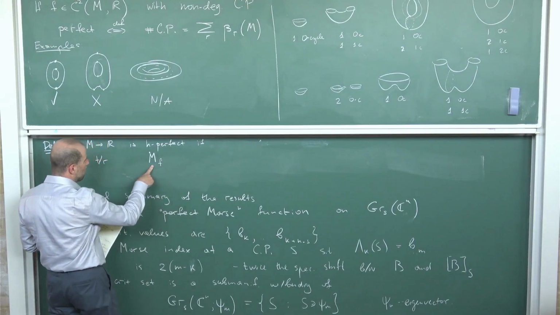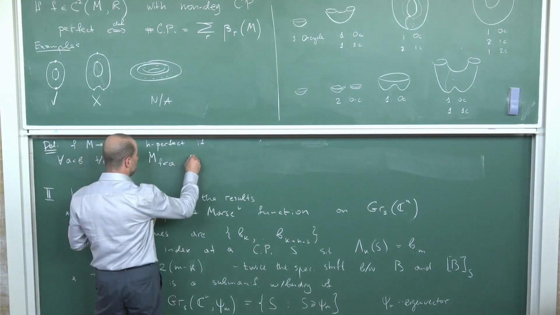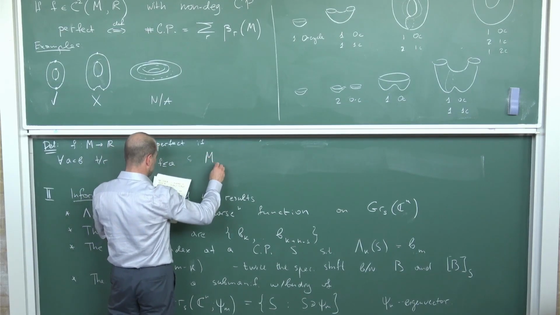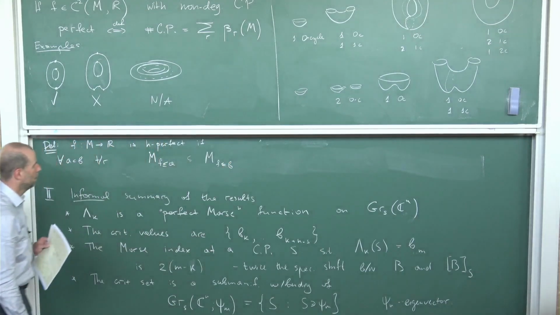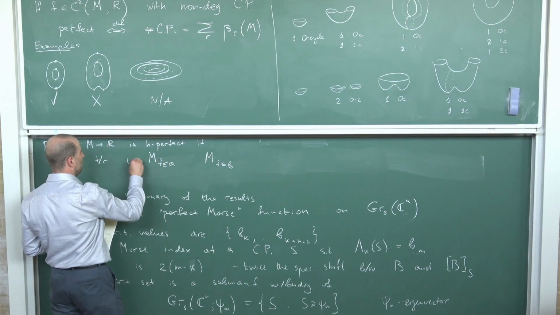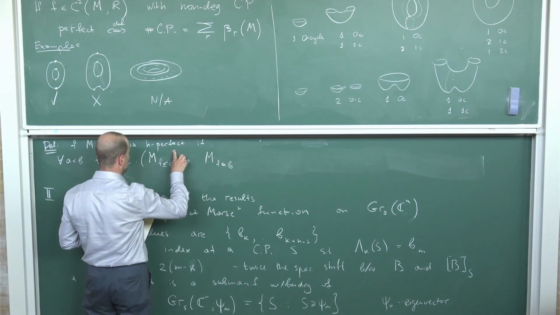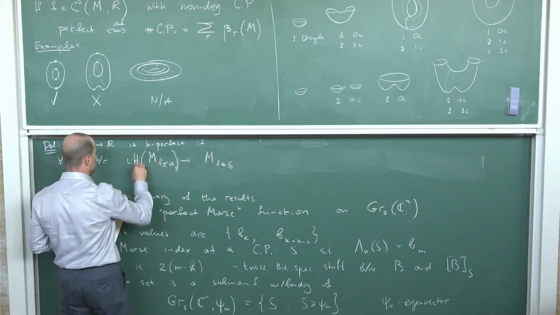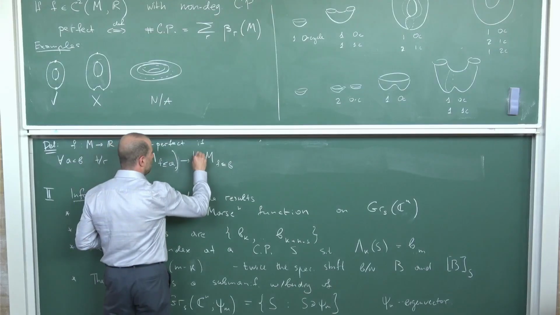The part of the manifold that lies below A is included in the part of the manifold that is below B. And this inclusion induces a homomorphism on the homology of any rank.